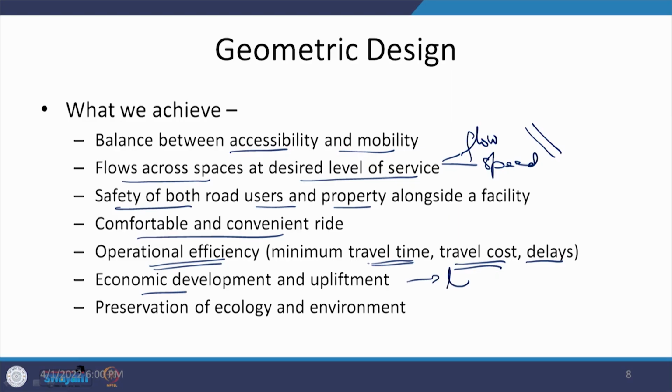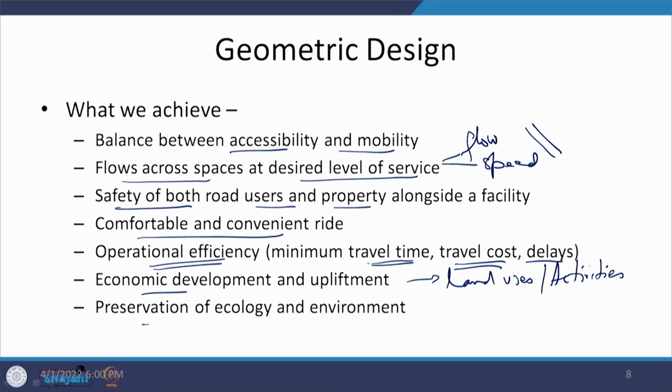So, when these land uses or activities are going on, they are bringing nothing but upliftment in that particular area in terms of economic upliftment, as well as in terms of the livelihood which is going to improve in that area. So, that economic aspect is also associated with your proper design.